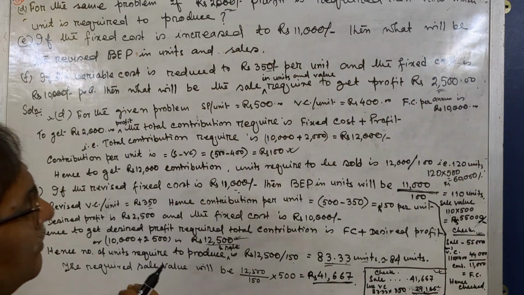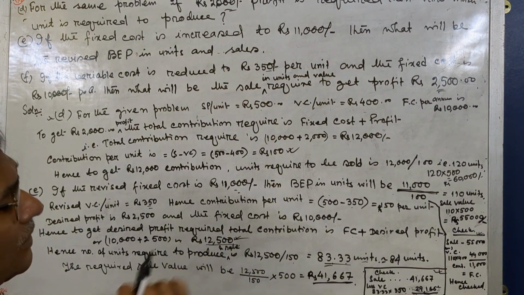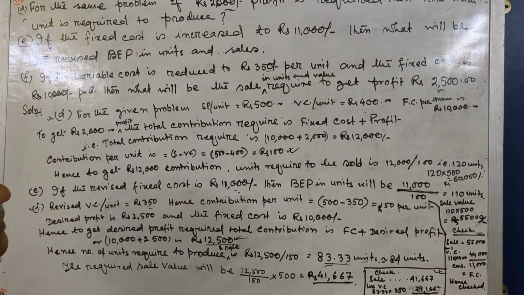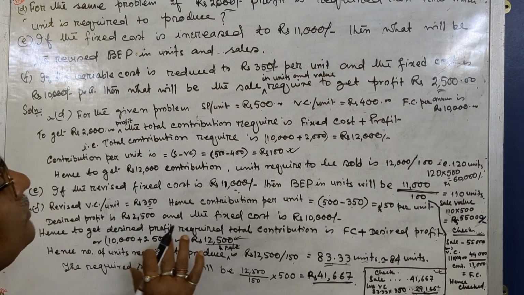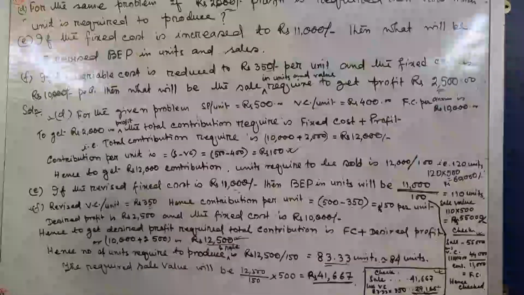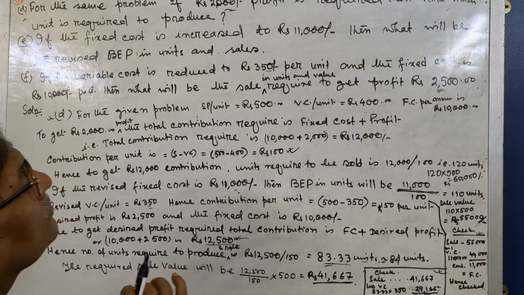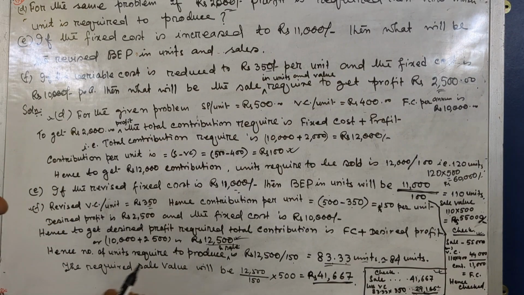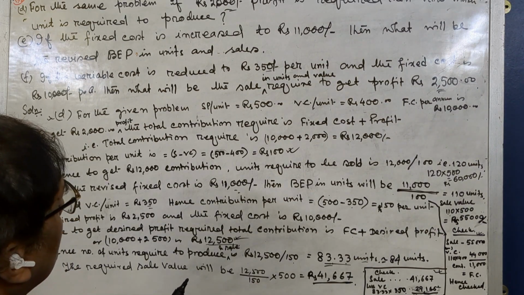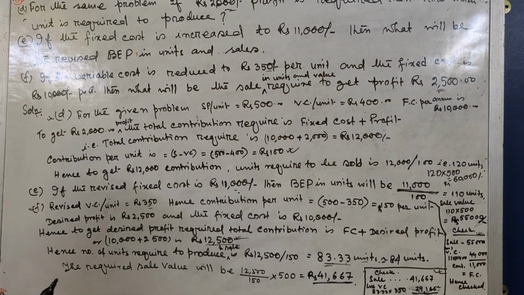Now I am discussing through numericals, and next I will develop some formulas, because it is not always practical to solve the problem in detail. Sometimes we have to apply the formula also. That's why I am going to discuss the formulas relating to break-even point, break-even sales, and also will develop the concept of PV ratio or profit volume ratio.